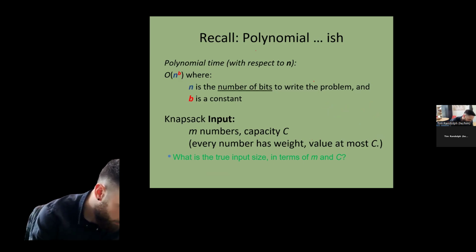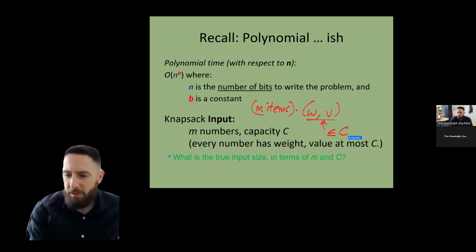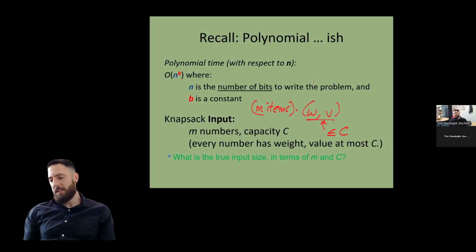Well, we have M items, and each of those M items has a weight and a value, and the size of that weight and value is at most C. So in that case, is our input size MC?